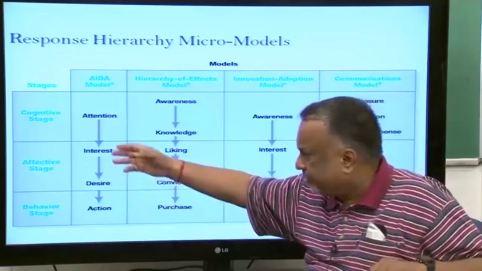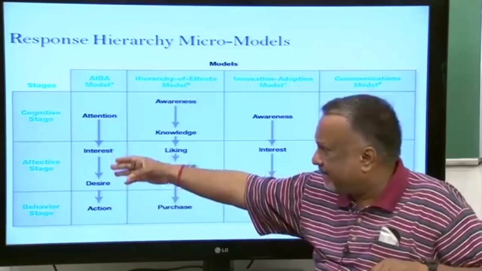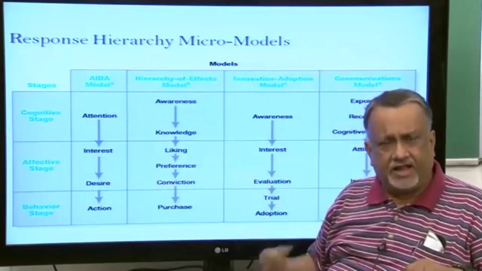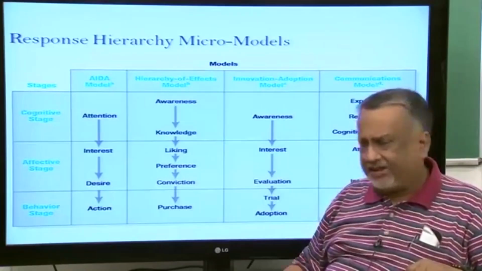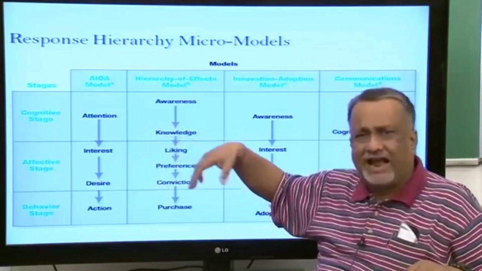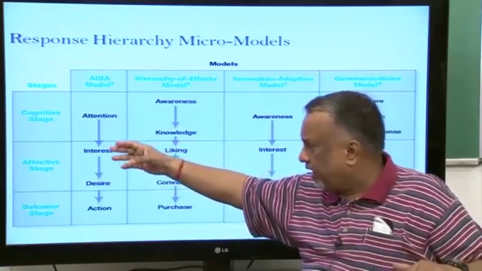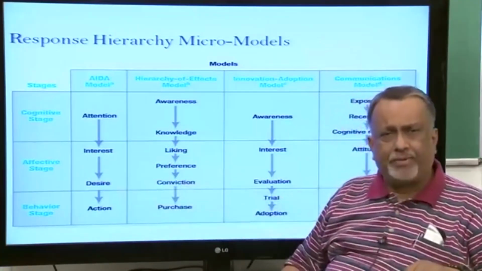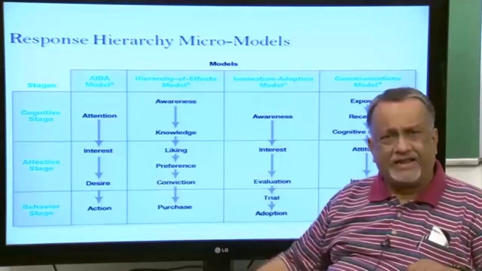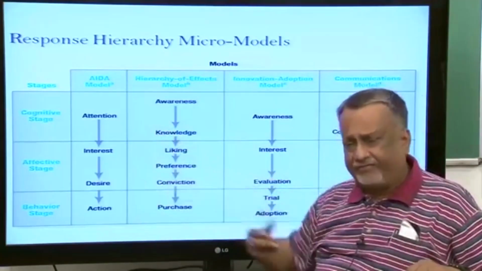But here, to create desire, that is an emotional thing, and we have to pay attention to the type of product and the type of interest and desire. So, this stage will be quite different for buying of biscuits versus buying of a car.